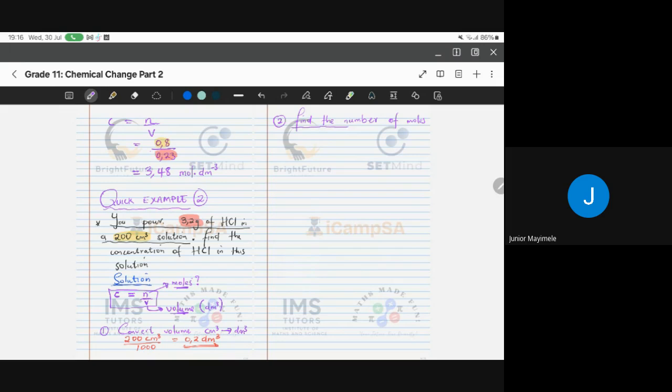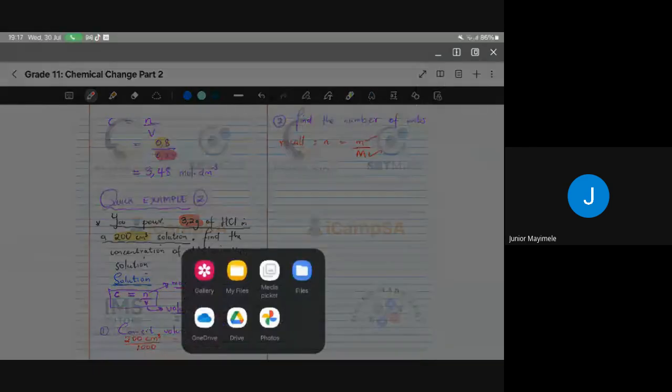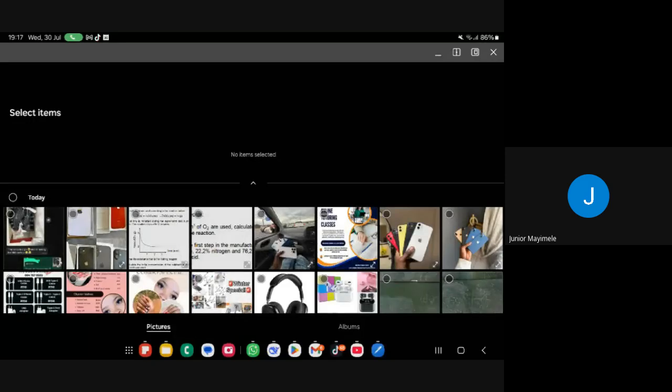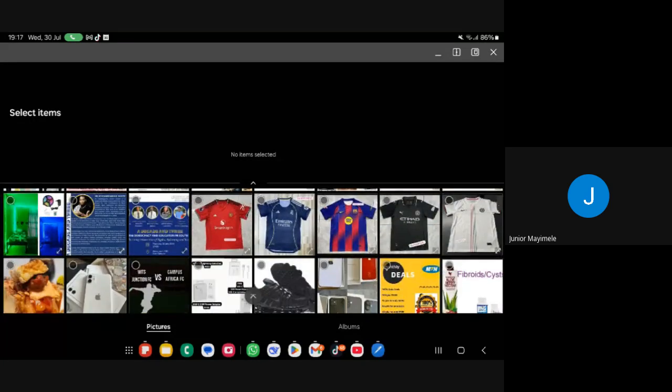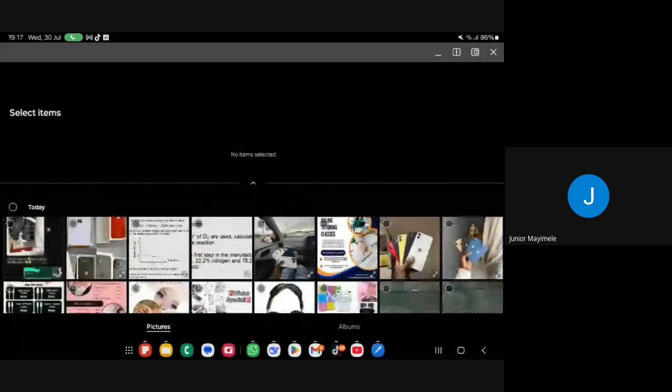In this case, we're given mass, which is 3.2 grams. We can find the molar mass using our periodic table, right? Let's see if I can get our periodic table here. Where's my periodic table?